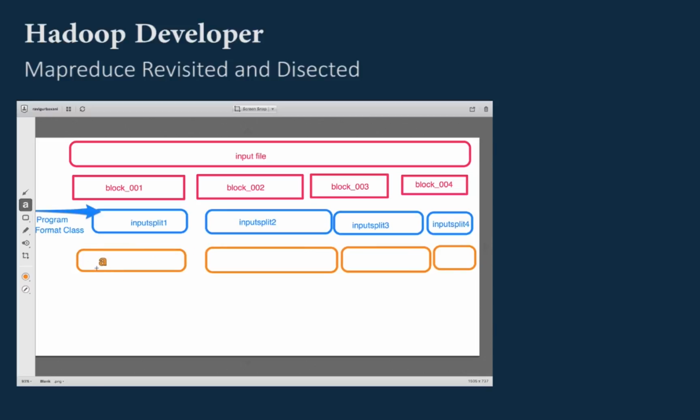So record reader is out here to read one record at a time, and that gets passed to the map phase. So there'll be 4 mappers in this case.